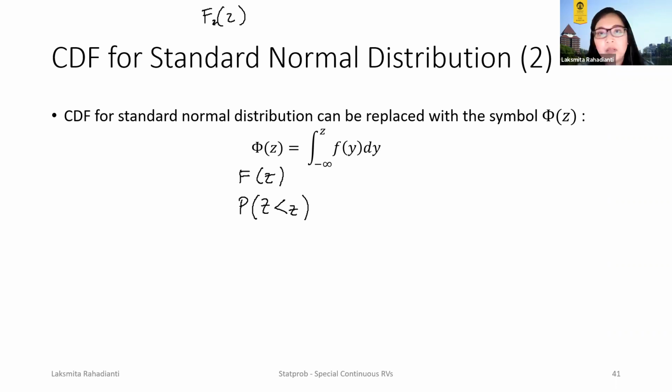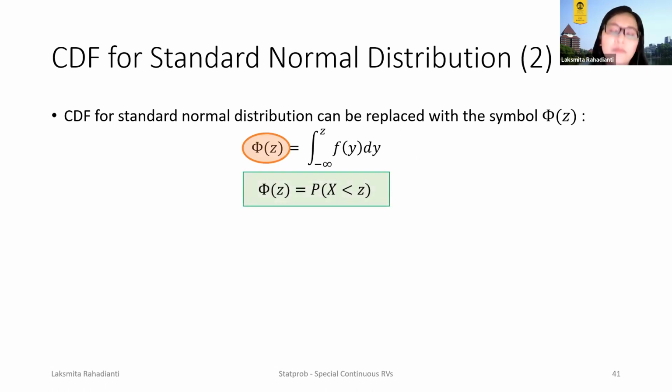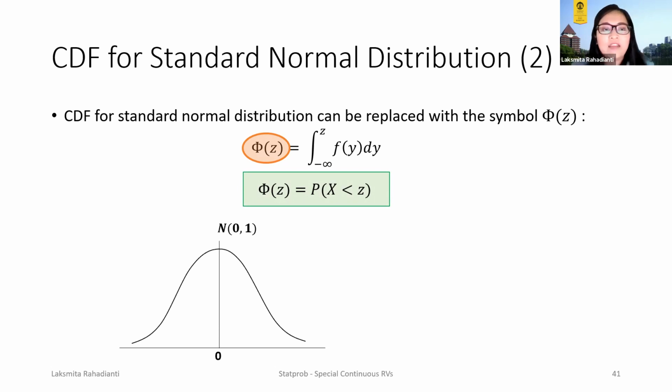So this symbol here is quite fundamental for many computations using the standard normal distribution. So this symbol, you should remember it. Basically, it is just another symbol that will tell you the probability of your X being less than z. And note here that if you are assuming a standard normal distribution, which looks like this, it never changes. It is centered at 0 and it has a standard deviation of 1.